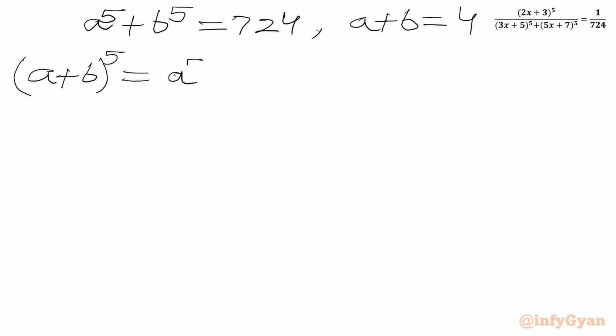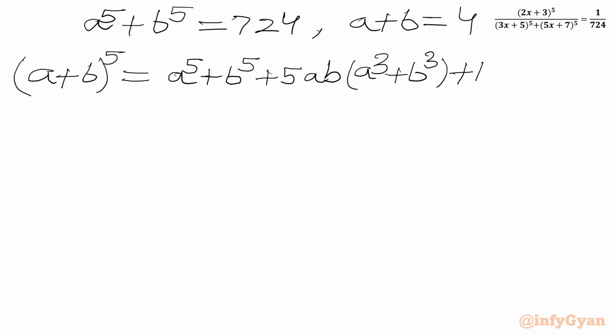This will be A power 5 plus B power 5 plus 5 times AB in the bracket A cube plus B cube plus 10 times A square B square times A plus B.